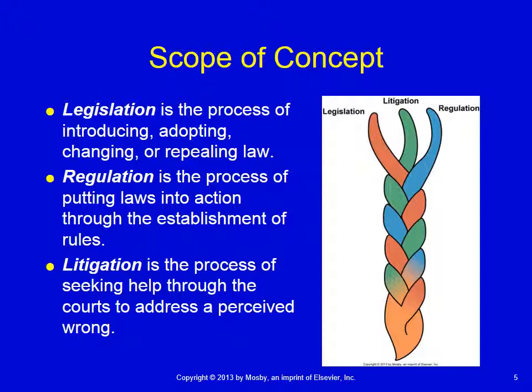And within this department, there are different sub-cabinets, shall we say, such as the Centers for Disease Control, the FDA, the National Institutes of Health, and so on and so forth, that are delineated within the Giddens book. And finally, we have litigation, which is through the judicial branch of the government. And this is where courts address perceived wrongs that may have happened related to laws that have been put into place.